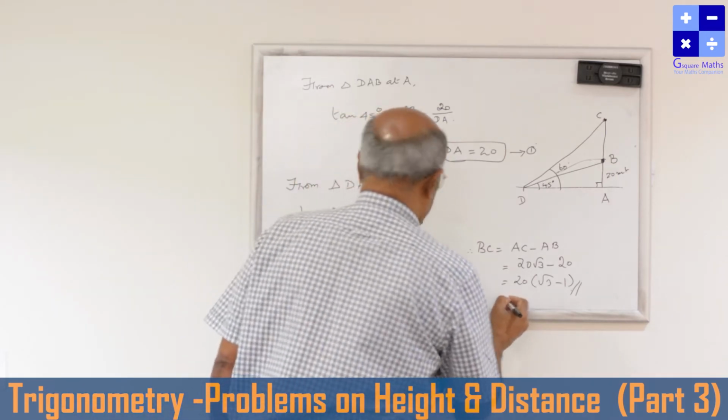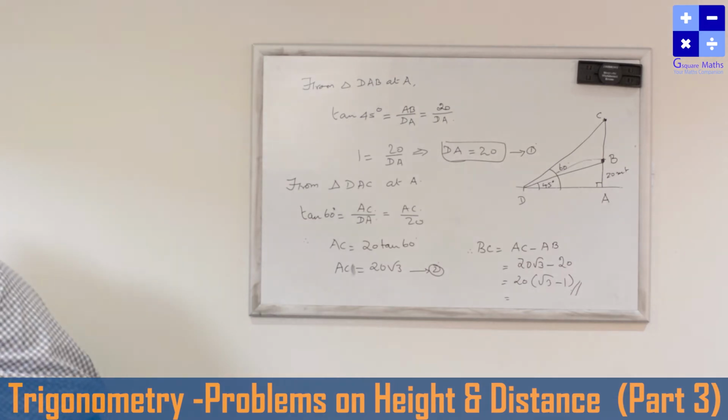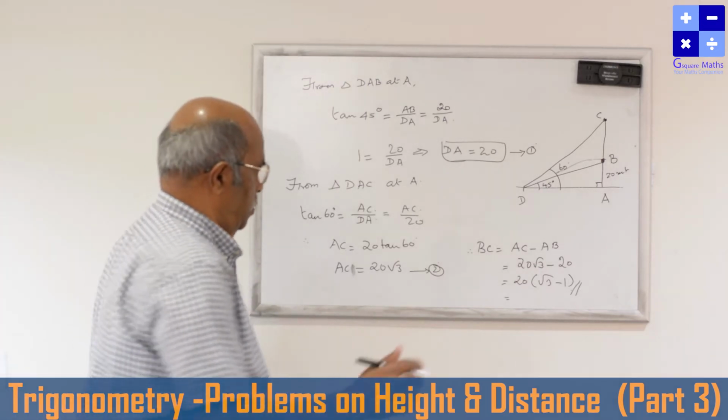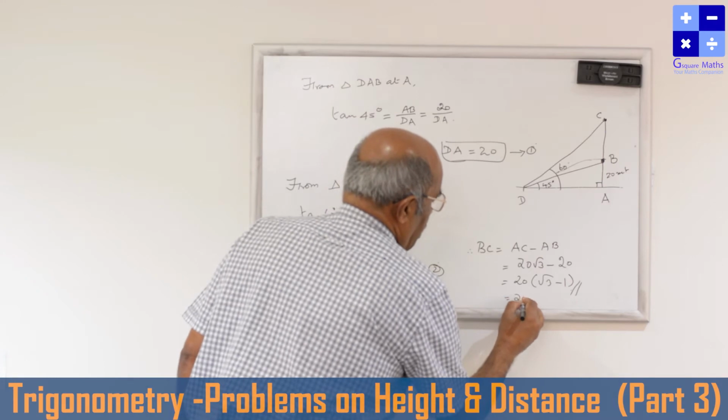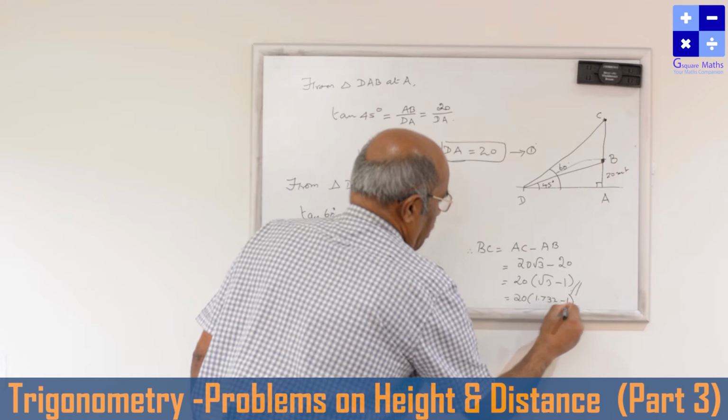Here in the problem it is given, I think. Yes, it is given: 1.732 minus 1.